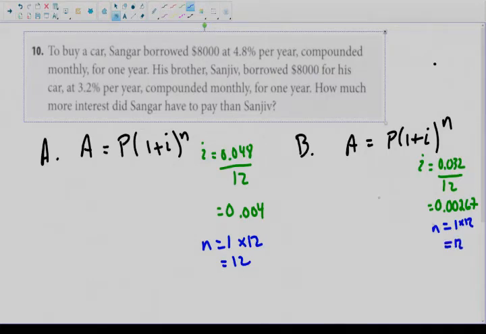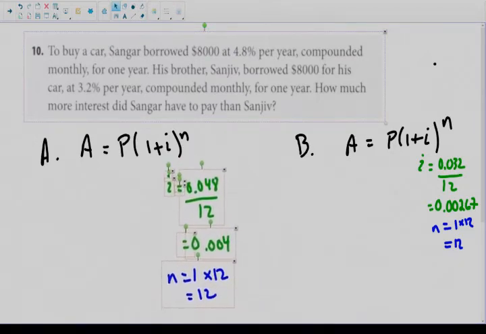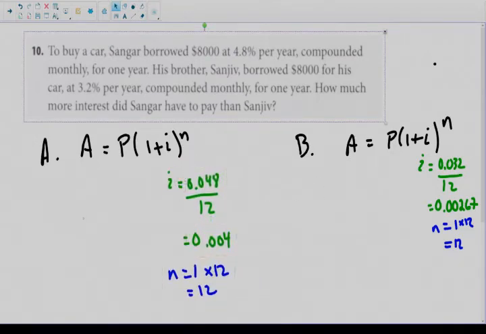Okay. So I'm just going to move, if I can select all of this, I'm just going to move that over a little bit so I can have enough room to do the math inside both of these spaces here. So for the first scenario, A is equal to 8,000 times 1 plus 0.004 to the power of 12.